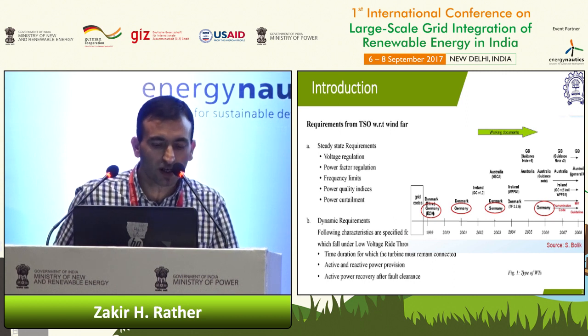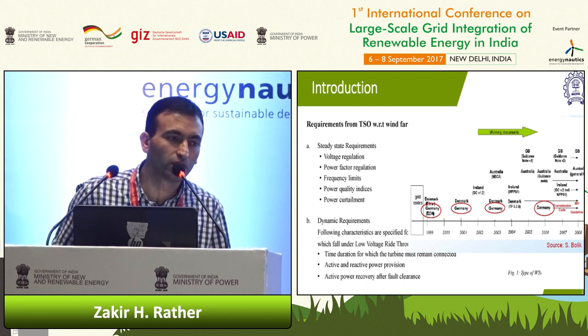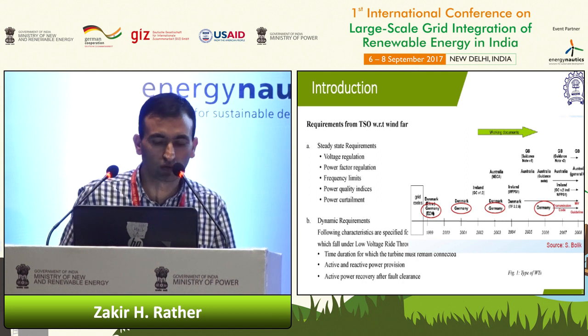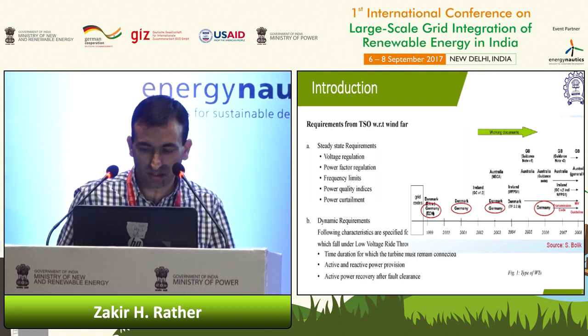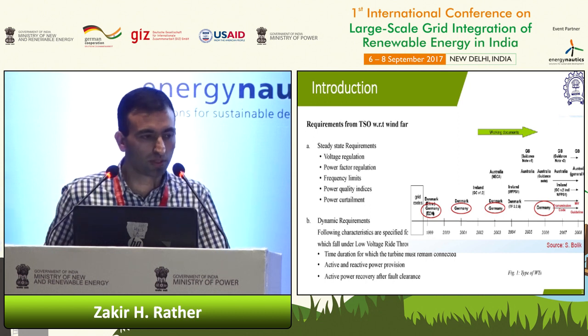And then there are the dynamic requirements, for example, voltage ride through, UVRT, LVRT, frequency ride through, again higher frequency ride through, lower frequency ride through. Those are the dynamic requirements from the wind turbines.